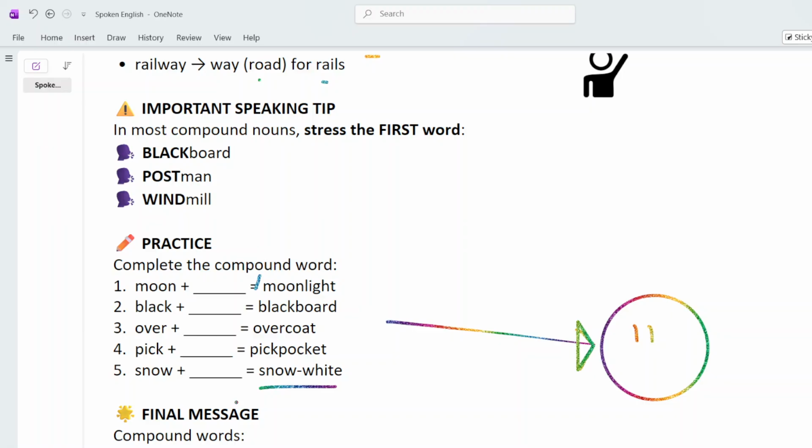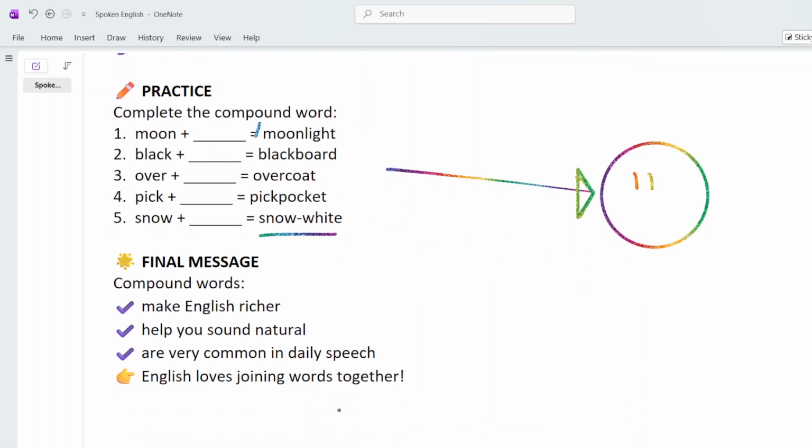Okay, great. Now, just to give you a final message: compound words make English smarter, faster, and more natural. Okay, this is how real English grows, not by adding big grammar, just by putting these tiny ideas together, you will understand how spoken English gets magical.